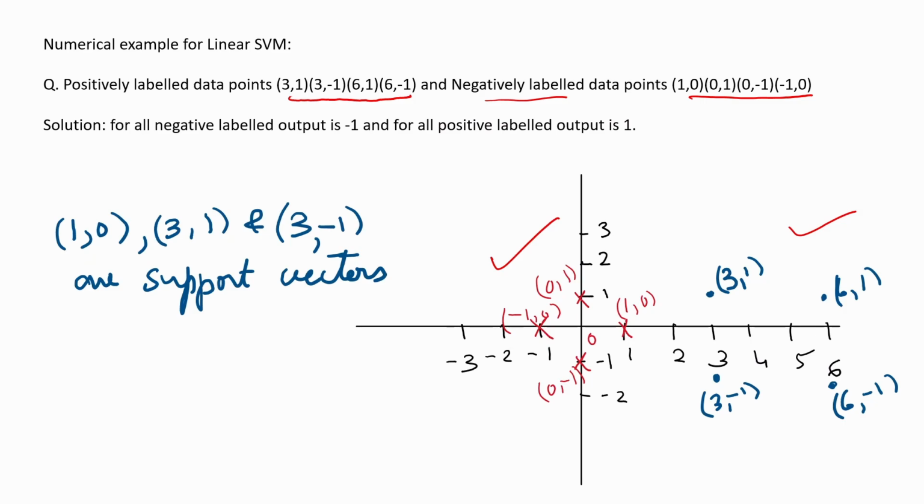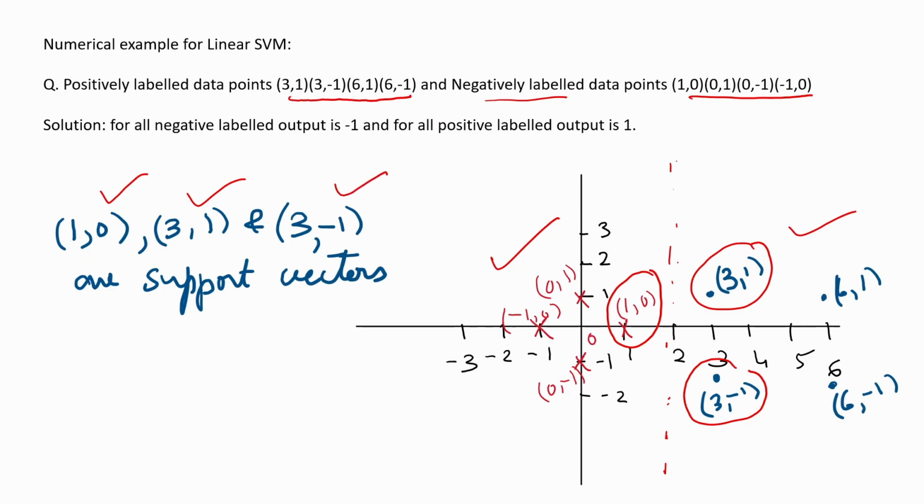When you see these points, 3 1 and 3 minus 1, and this point are very close to where there can be an optimal hyperplane somewhere here. These are the data points which are very close to the hyperplane, so these points are support vectors for this particular problem. We have identified 1 0, 3 1 and 3 minus 1 as the support vectors.